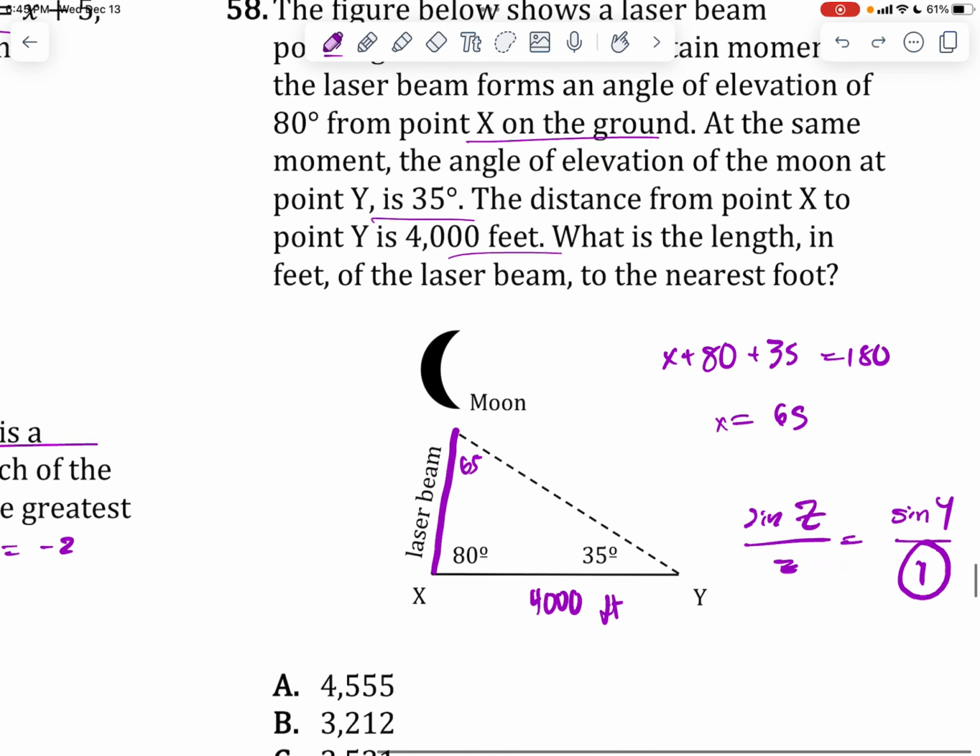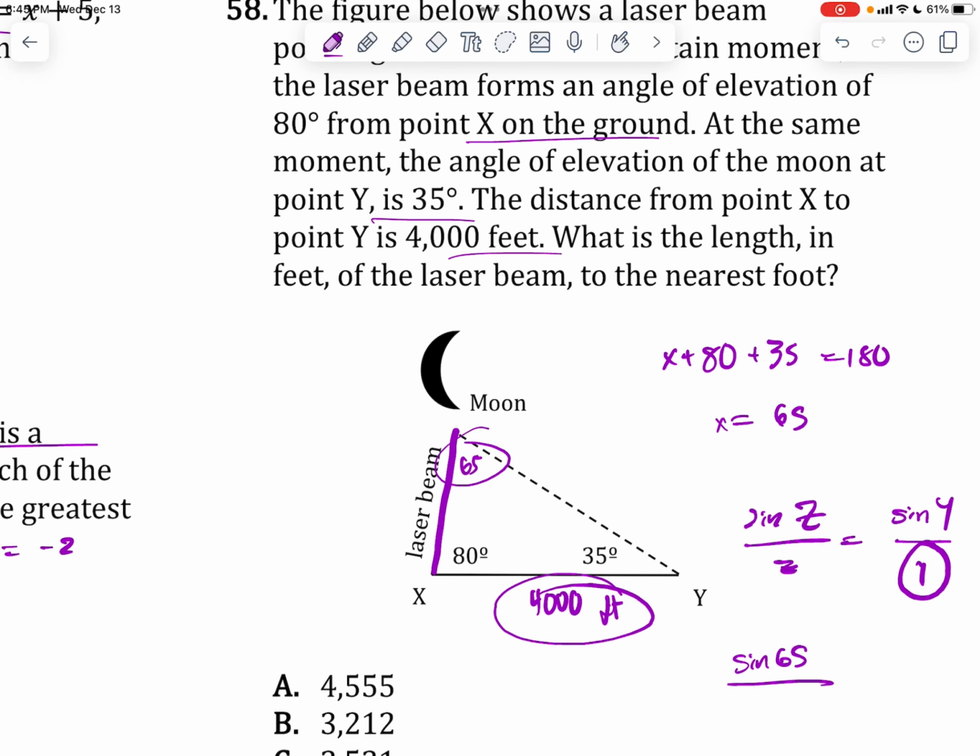So I can just solve for that. So let's just plug everything in. Sine of 65, which is angle z, divided by the opposite side length is equal to sine of this angle 35 over this side length. We'll just call it y.